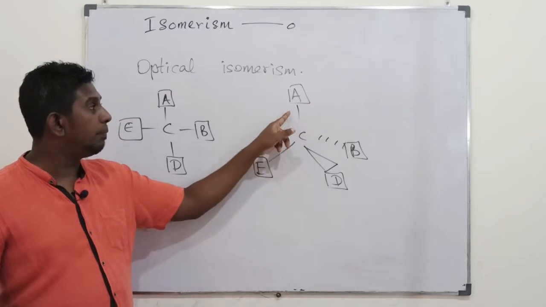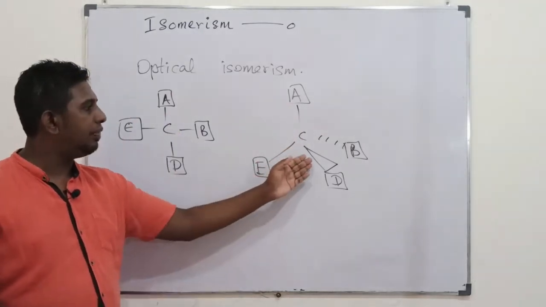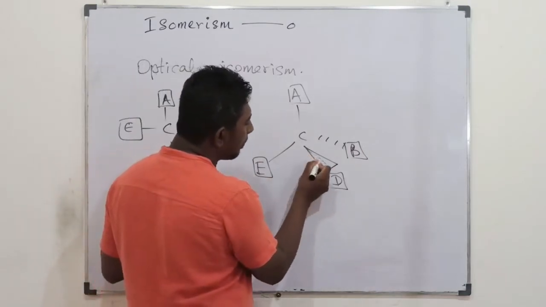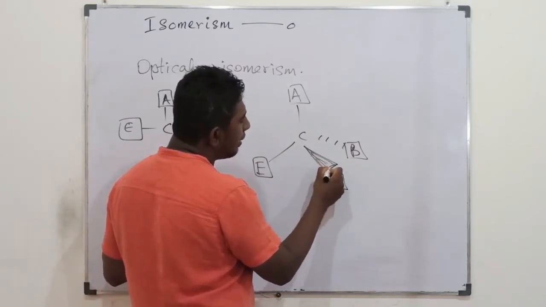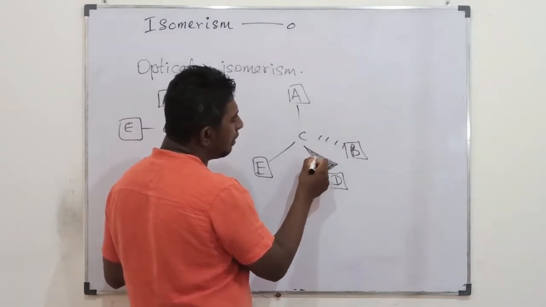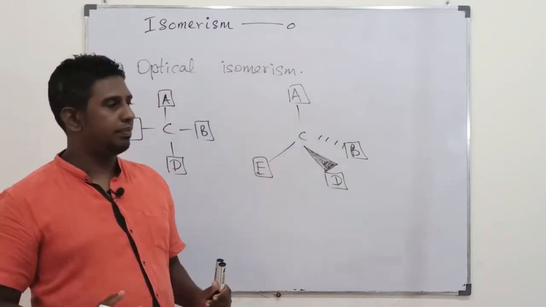I have drawn these with just single lines, and when you draw it in this manner, it indicates that the group bound to this carbon is coming out of the board.